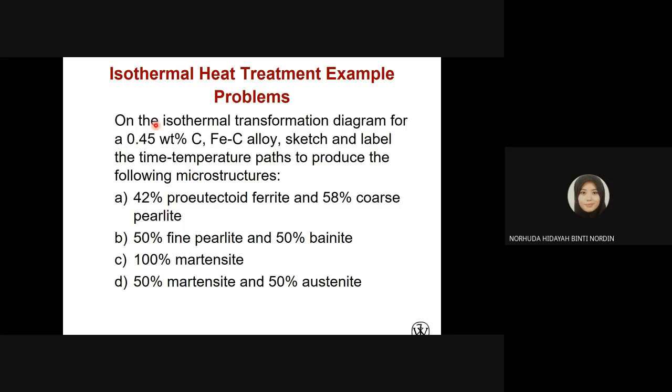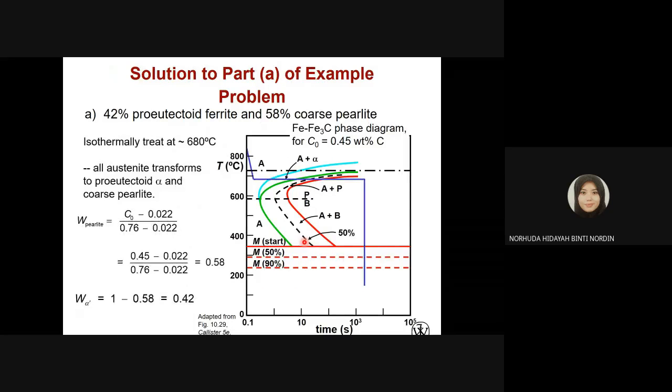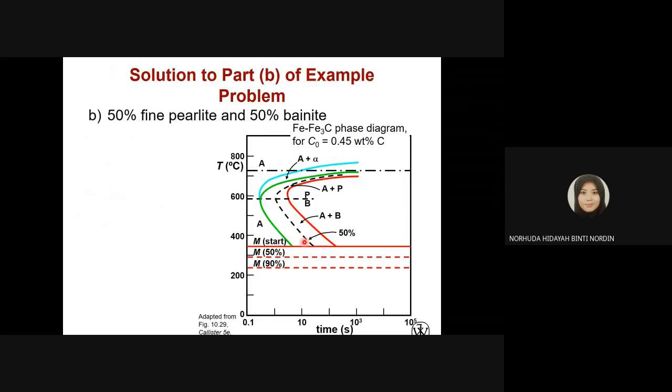For example, on the isothermal transformation diagram for a 0.5458% carbon iron-carbon alloy, sketch and label the time-temperature path to produce the following microstructure. How to get 50% fine perlite and 50% bainite? Let's see, this is how you calculate.